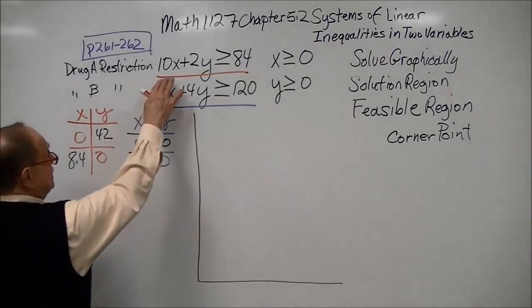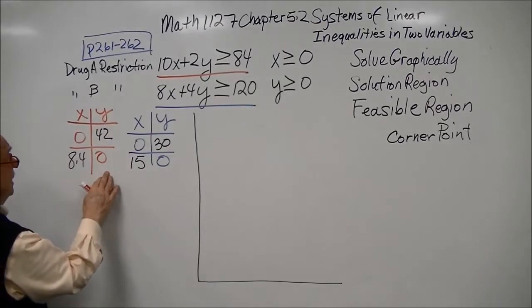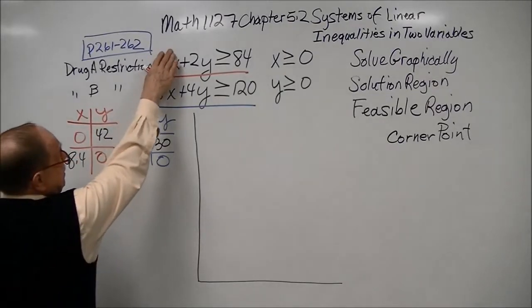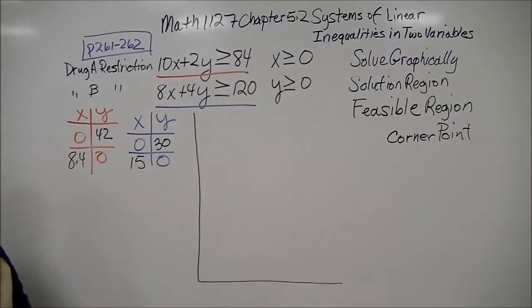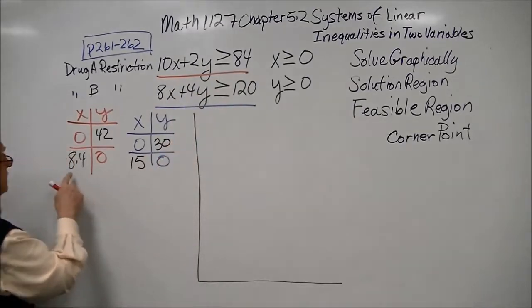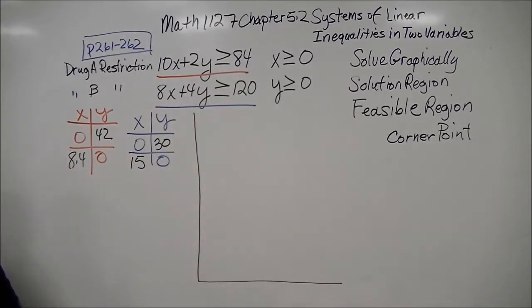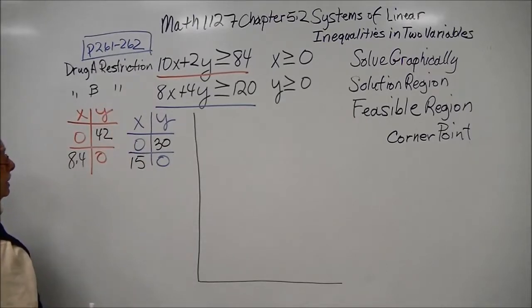So when we solve this using the X and Y intercept T chart, if X is 0, Y is going to be 42. And if Y is 0, X is 8.4. And I'm coding that in red.